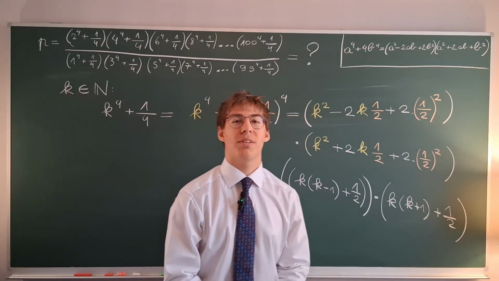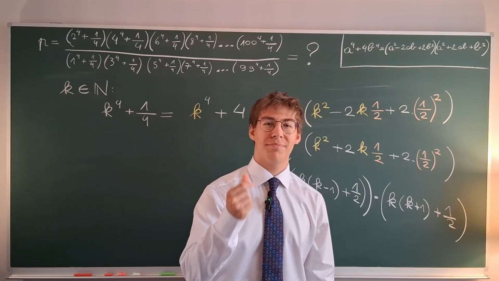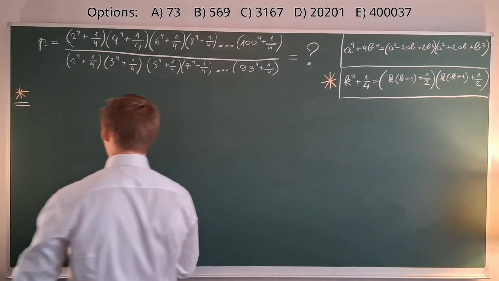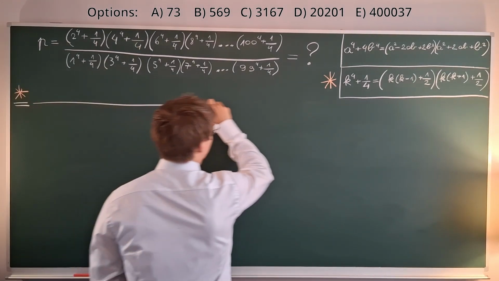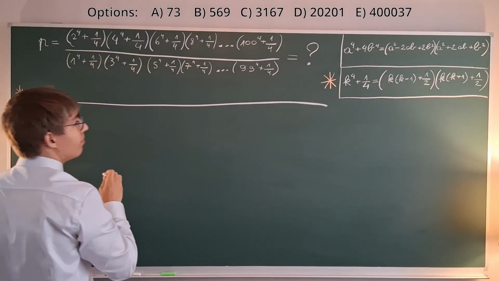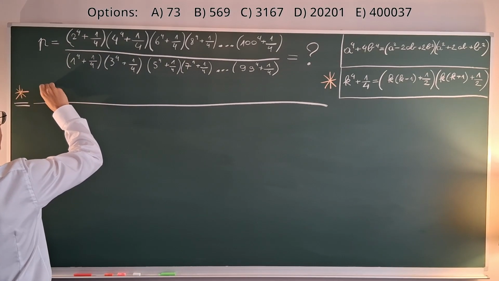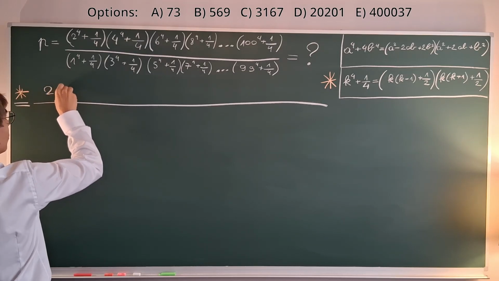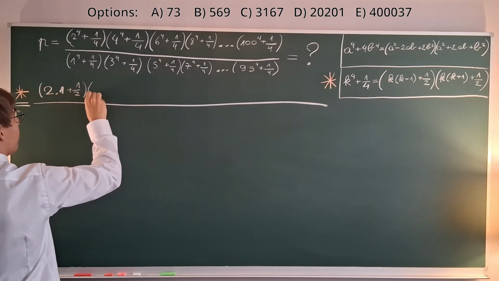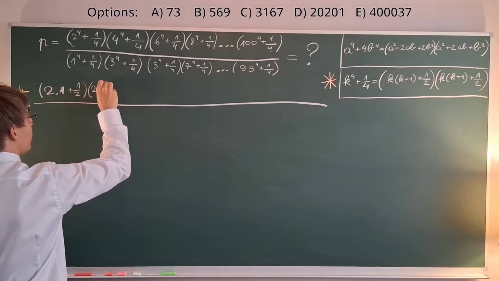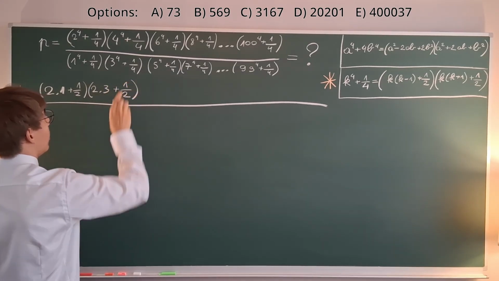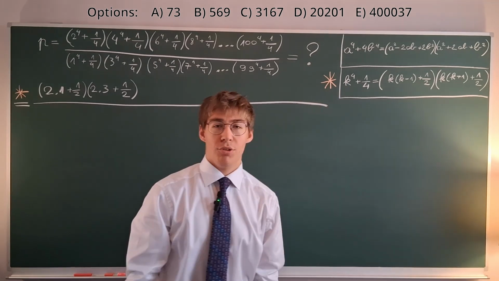So now that we have found this factorization, we can split every one of these terms by using this factorization. But first, let's clear the board. So using this equality that we derived, we can now write this whole fraction as, first we use k equals 2. So that gives us 2 times 1 plus a half times 2 times 3 plus a half. Now let's substitute 4 into k.